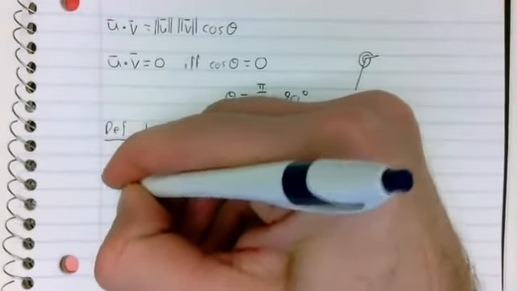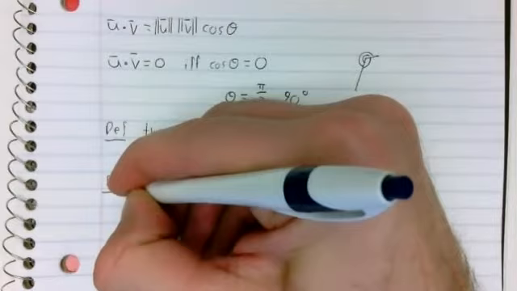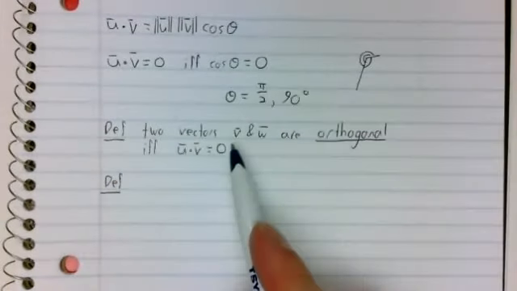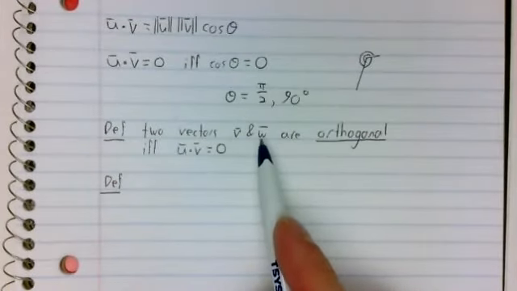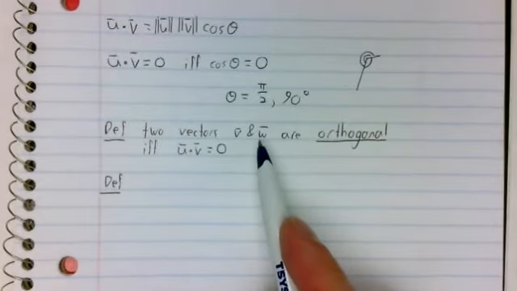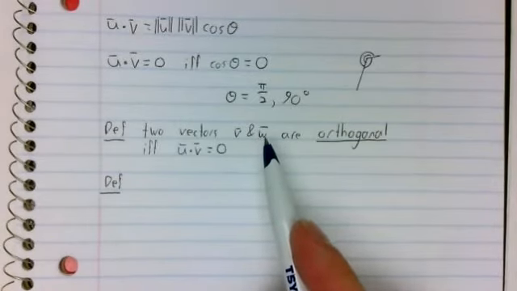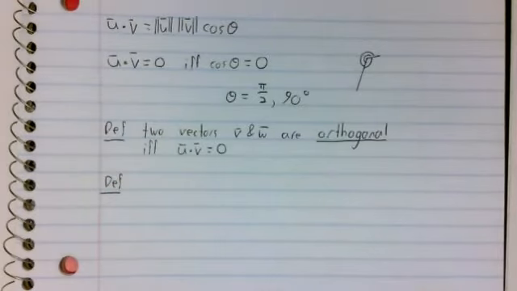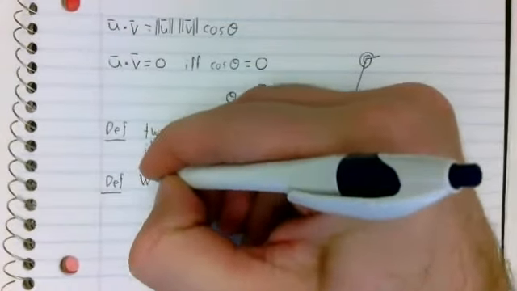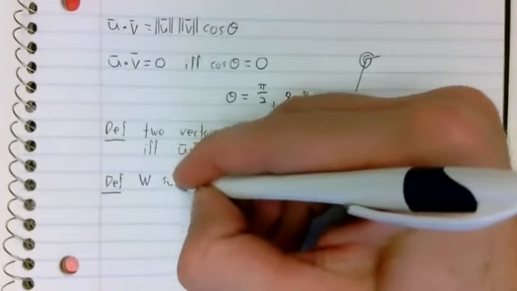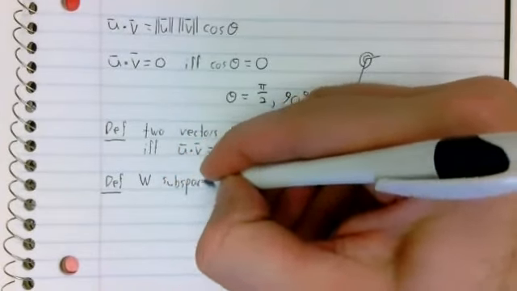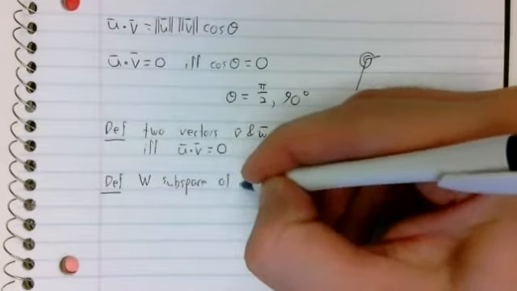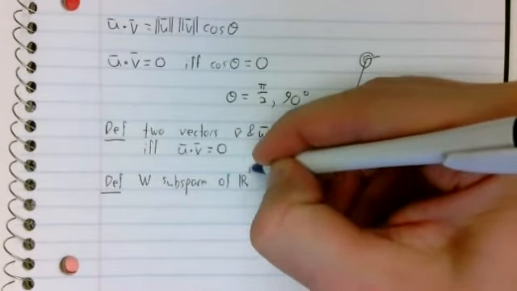Let's state a definition. So one vector is orthogonal to another vector. We're going to expand this definition so that a vector can be orthogonal to a set. So let W be some subspace of Rn.